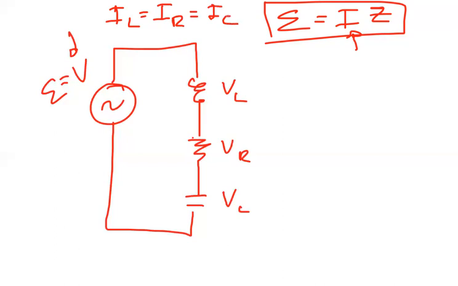Remember, they're not in phase with each other, but they are in terms of amplitude. And that's all this equation is trying to talk about: the amplitude of EMF, the amplitude of the current, and the amplitude of the total resistance of the system.